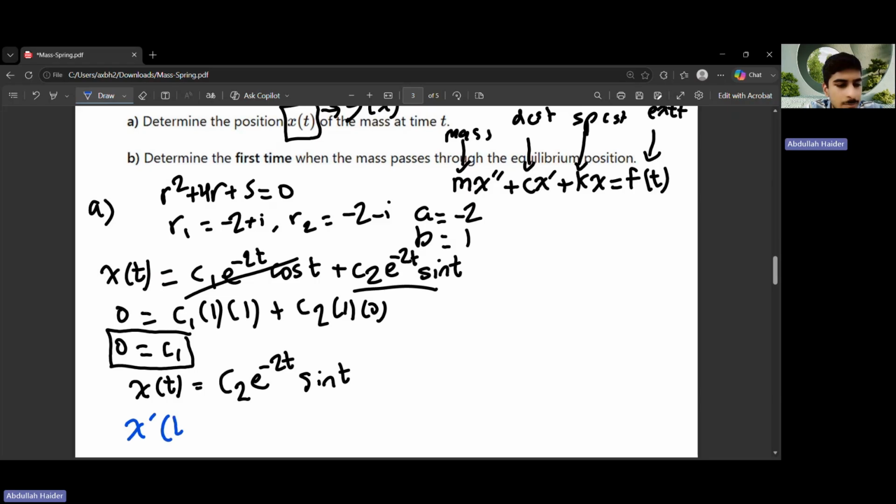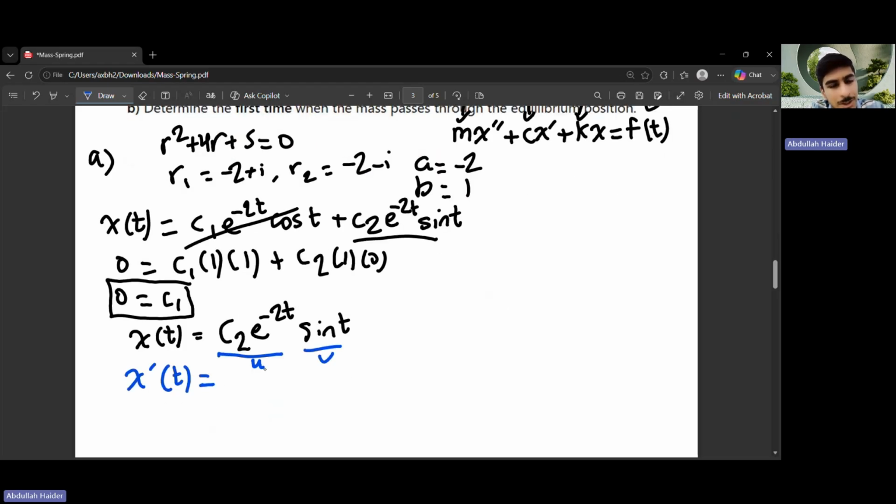X prime of t equals, now note that you need to use the product rule here. Assume this is u, this is v: u prime v plus u v prime. So this will give you minus 2 C2 e power minus 2t sine t for u prime v, plus u v prime.